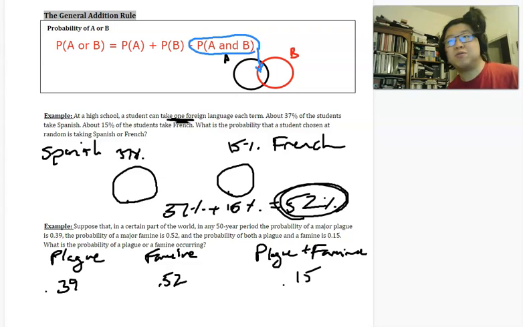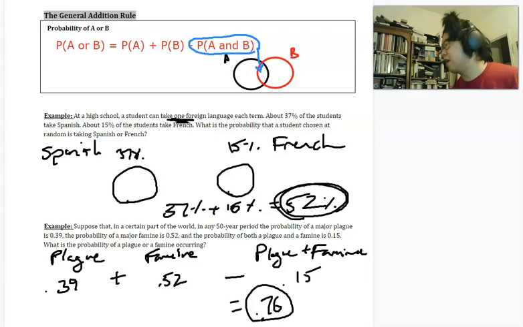Once you've defined your events, this is very simple. It's plus these two, that's event A and B, minus this piece, the middle part, the overlap. So 0.39 plus 0.52 is 0.91, minus 0.15 should give you a grand total of 0.76 as my probability.